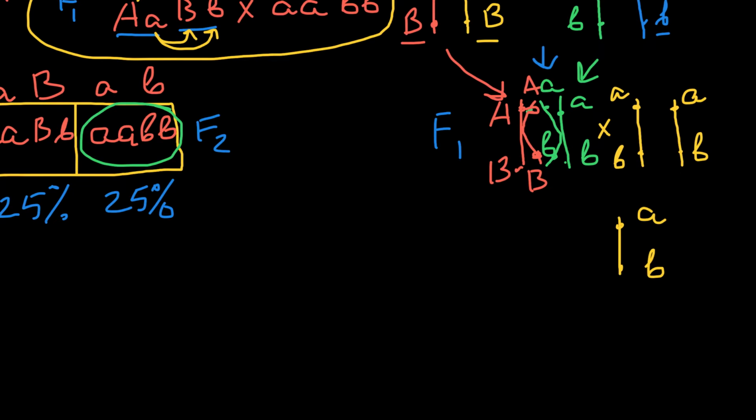And we are going to get the following variants. As you remember, one variant would be an intact chromosome with dominant allele A and dominant allele B on it.